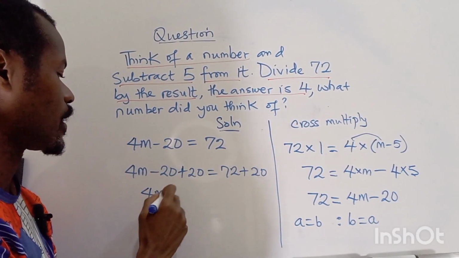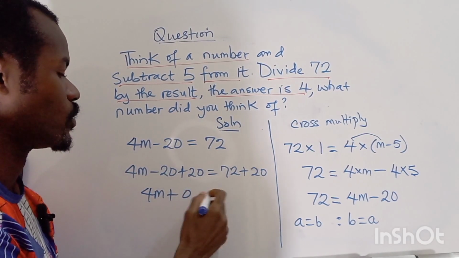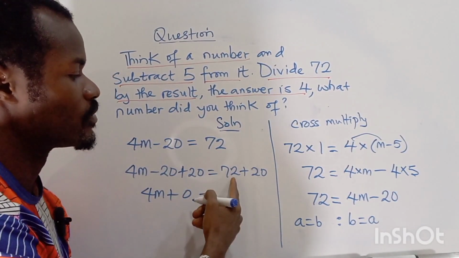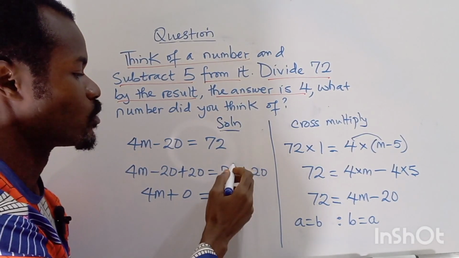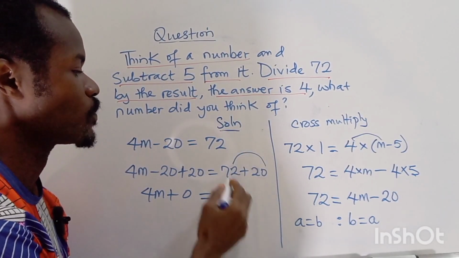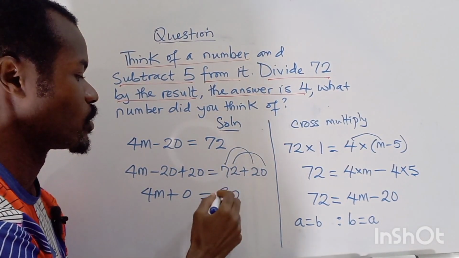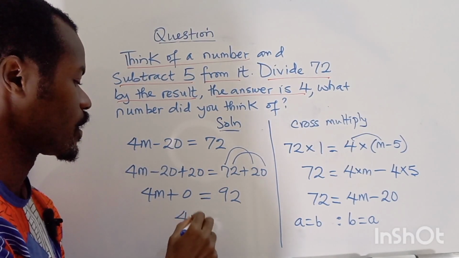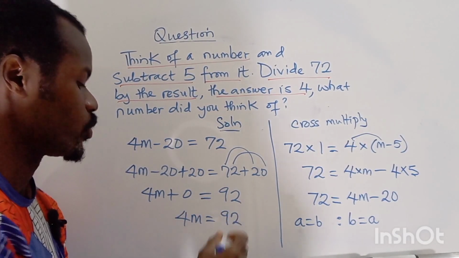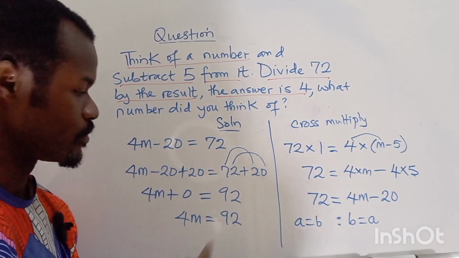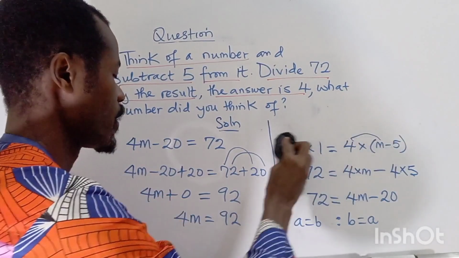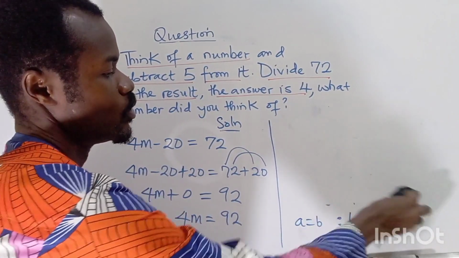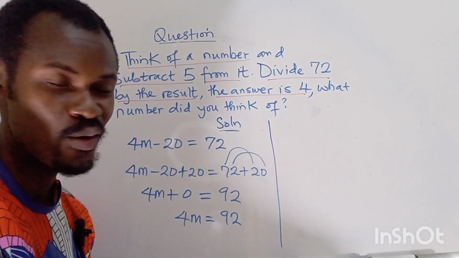So we have 4N plus 0, which equals 72 plus 20. Now 2 plus 0 is 2, and 7 plus 2 is 9. So 4N plus 0 gives us 4N, which equals 92.